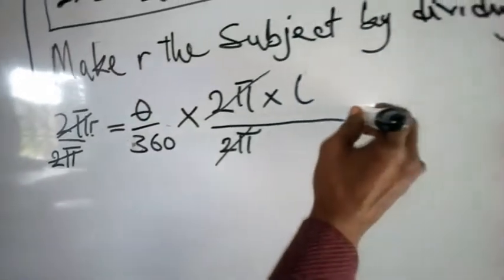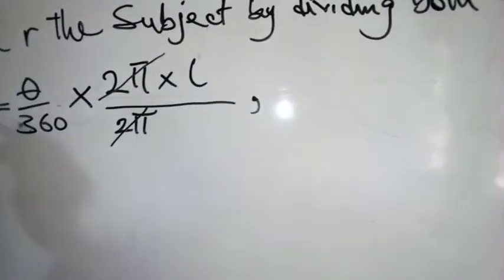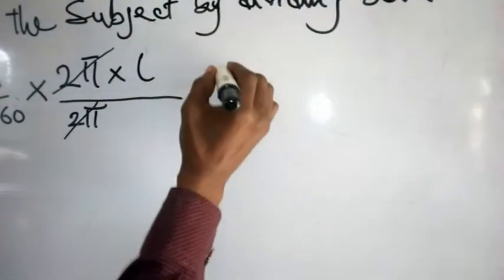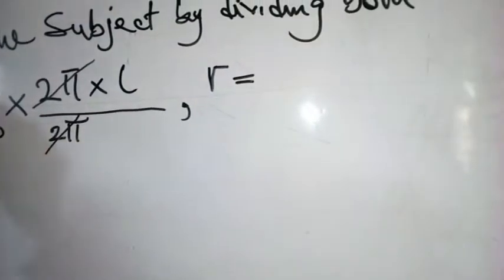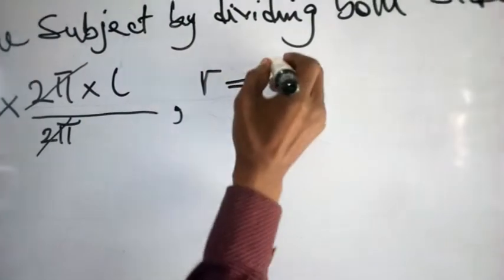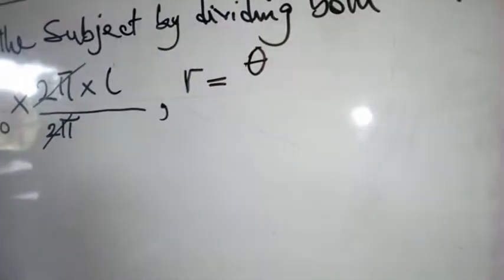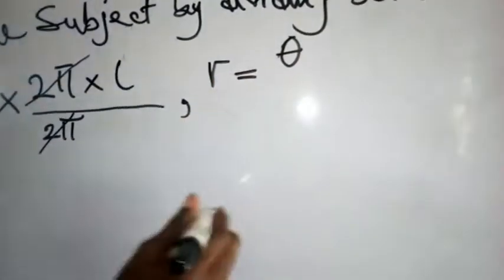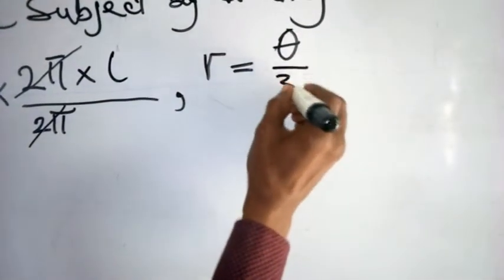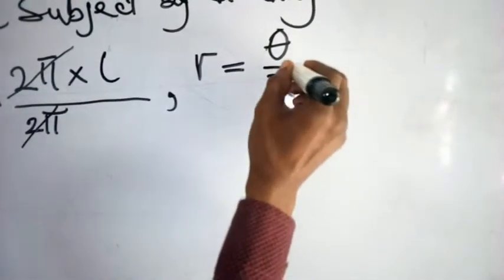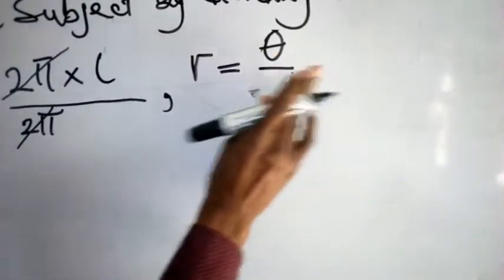Let's economize the board. What is happening now is that R is equal to theta, which is the angle that represents the angle in the sector, theta all over 360. Why do we use 360? Because we are talking about circle.